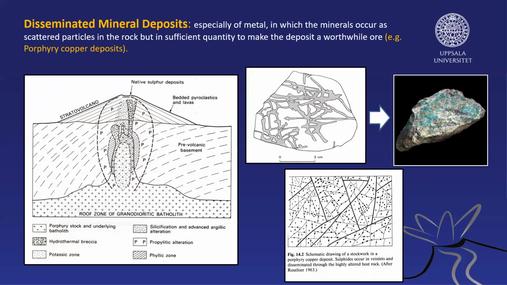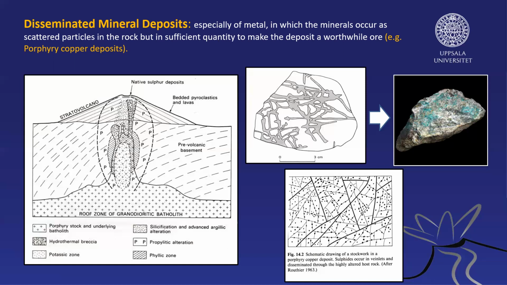A bit more detail about the disseminated mineral deposits. As I said, the ore mineral, the mineral of economic interest, is scattered within the host rock. Typically, that's the case for the porphyry copper deposits. And here you have a sketch that shows you roughly how it forms, how it occurs.